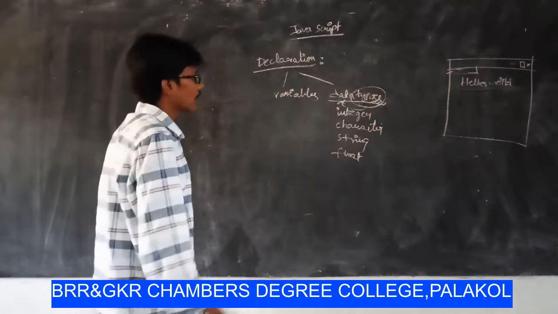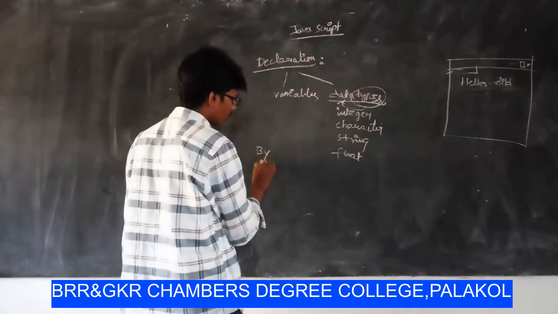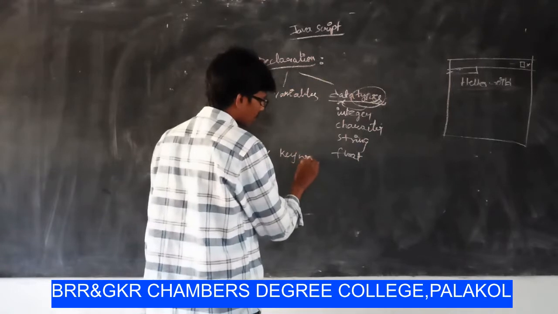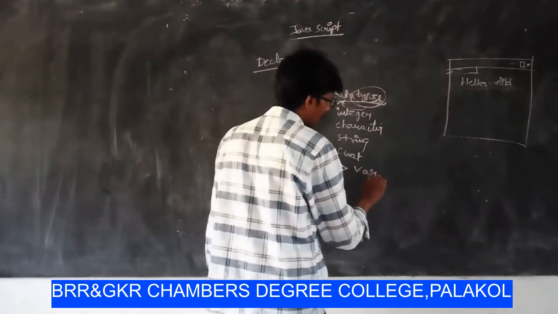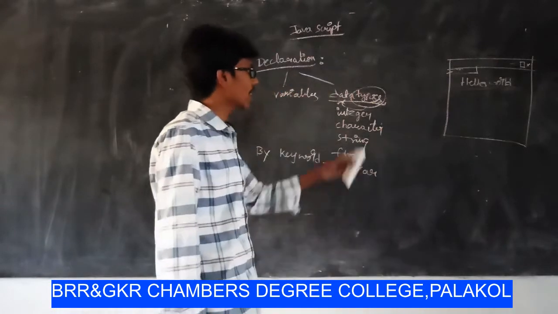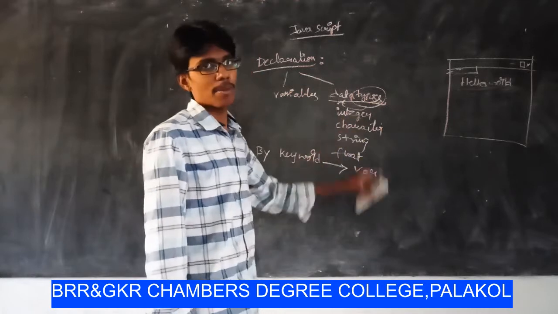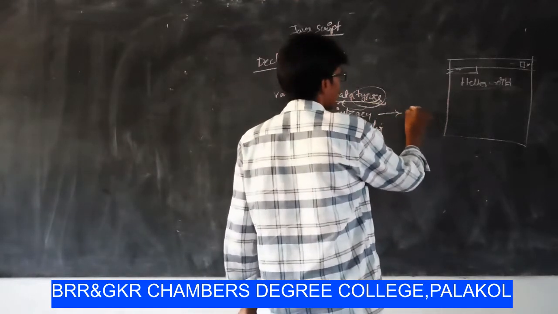But we can include data types by a keyword. In other programming languages, we use different keywords to include that type. If you want to include an integer, we use the int keyword.